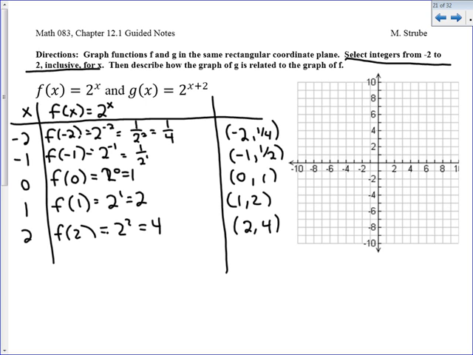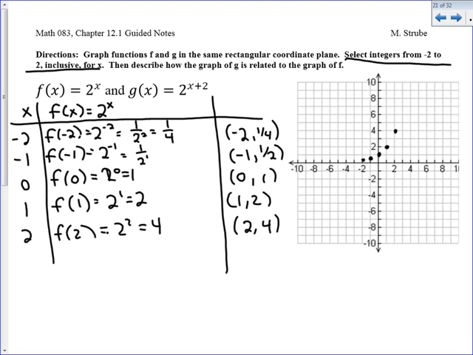But let's plot. So negative 2, 1/4. Negative 1. Oops, I'm up 1 too high. Let's try this again. Negative 2, 1/4 is just above 0. Negative 1, 1/2. Halfway between 1 and 0. 0, 1. 1, 2, and 2, 4.